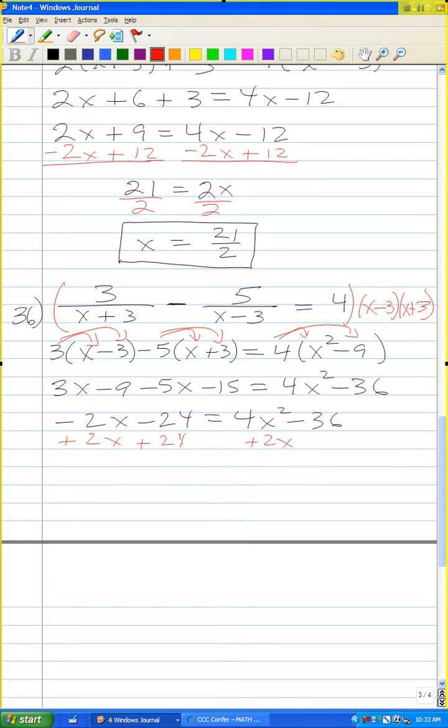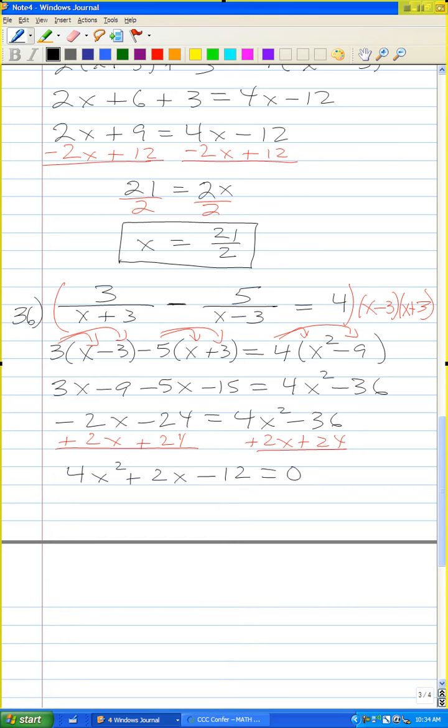Add 24 to both sides of my equation. And so you get 4x squared plus 2x, negative 36 plus 24 is minus 12 equals 0.